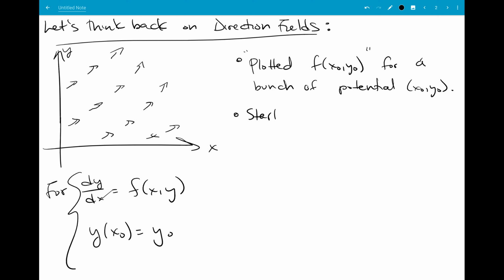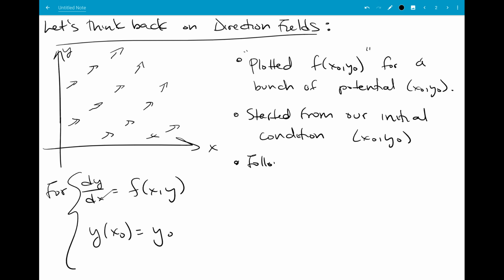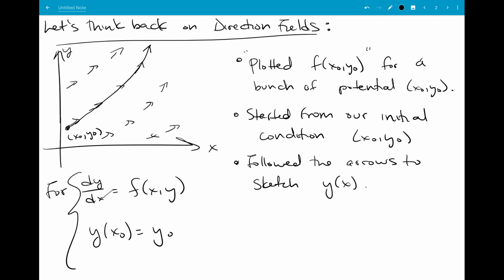And then we just started from our current or intended initial condition, (x0, y0), and then we followed the arrows to sketch the curve for y(x). So if that's our (x0, y0) that we care about in our initial value problem, then we would just follow these arrows. We would say, that's what y(x) looks like.